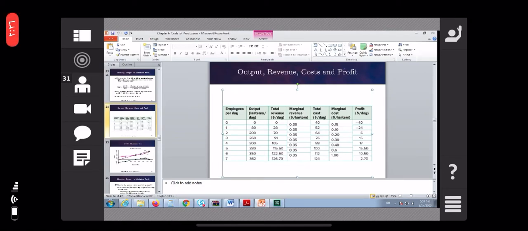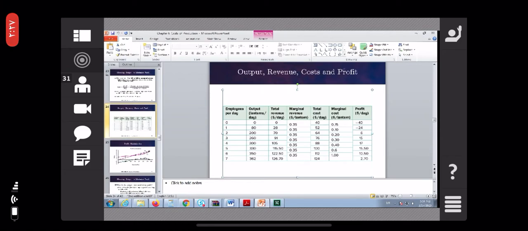Profit is total revenue minus total cost. This is the profit column. Okay, 40 minus 0, it's minus 28, is 24. 64 minus 70, it's 6. 76 minus 91, it's 15.